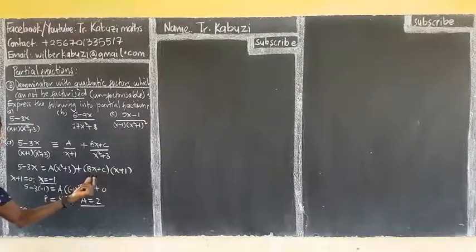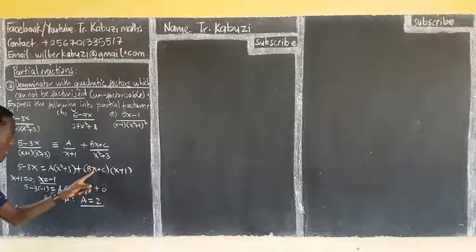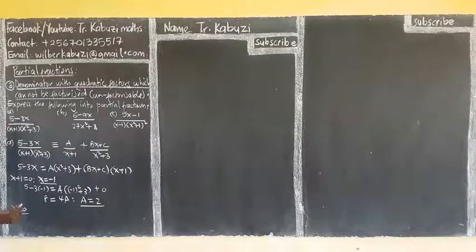So I now have a simultaneous equation with two unknowns. It means I need to remove this. So if I remove this, to remove it, you see that I should get this as a 0. So if x is 0, I'm going to have now 5 equaling 2. This will be 0. So here we have 3a.